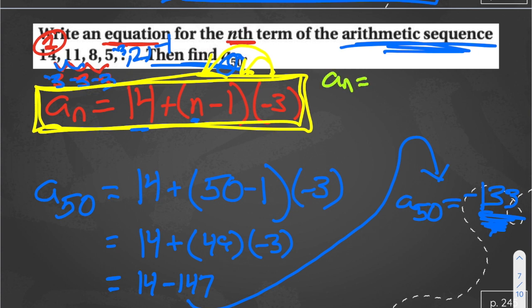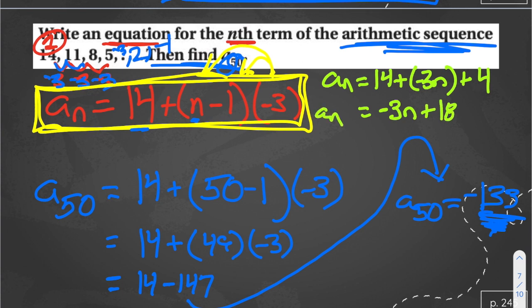So it could be a sub n equals 14 plus negative 3 n plus 4. If we do a little bit of simplifying, 14 plus 4, if we put a negative 3 up front, 14 plus 4 is like this.